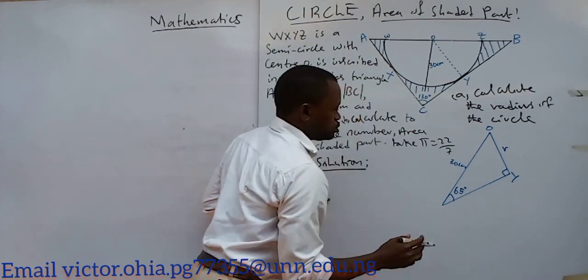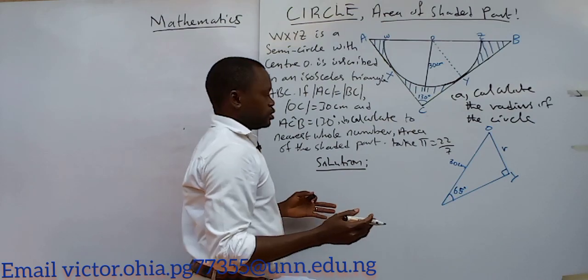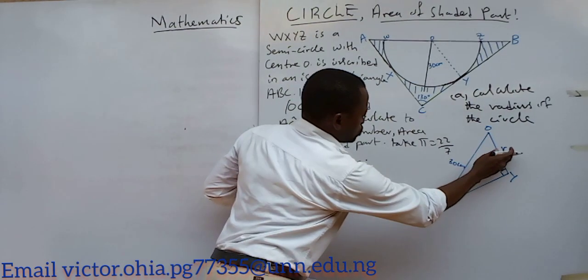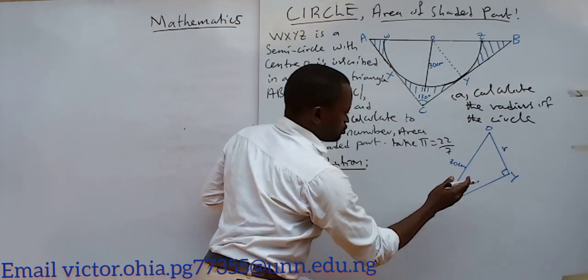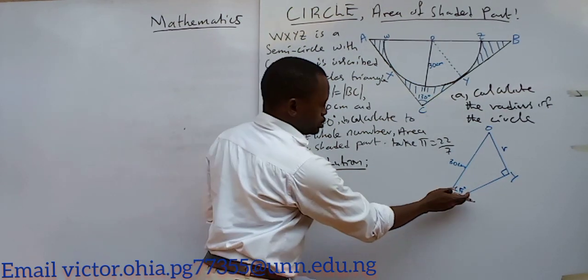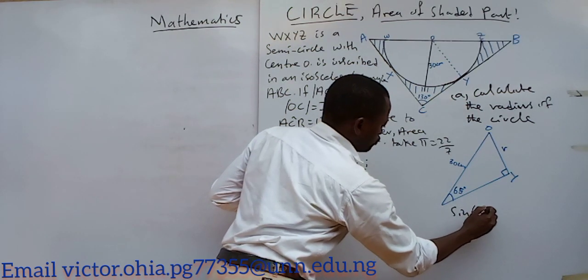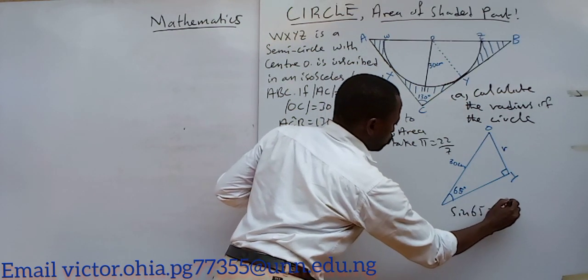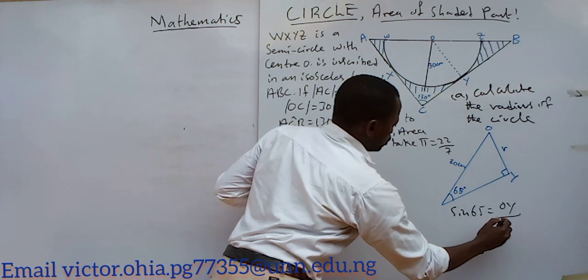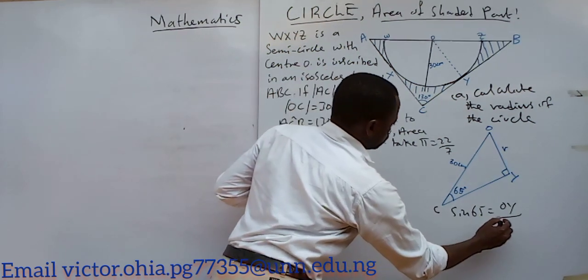We can now use the concept of what we call SOHCAHTOA. This is opposite and this is hypotenuse, and the ratio of opposite to hypotenuse is sine of this angle. So we are going to say sine 65 is equal to opposite, which is OY, over hypotenuse, which is OC.